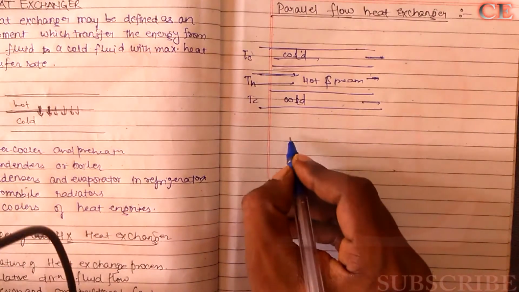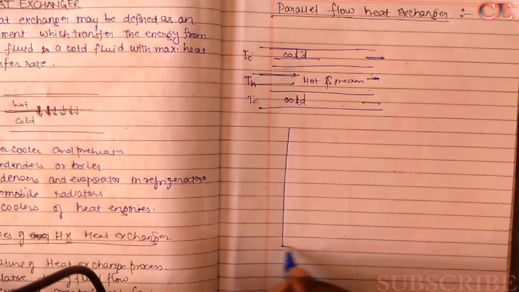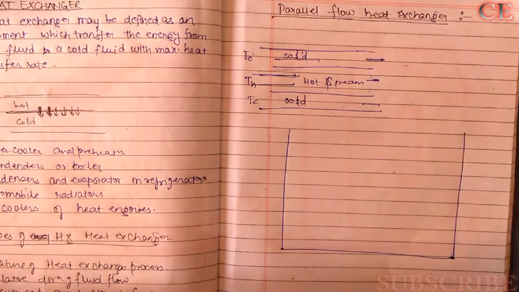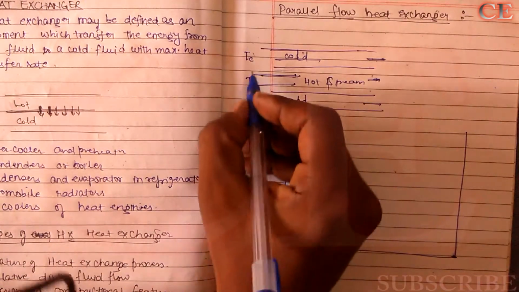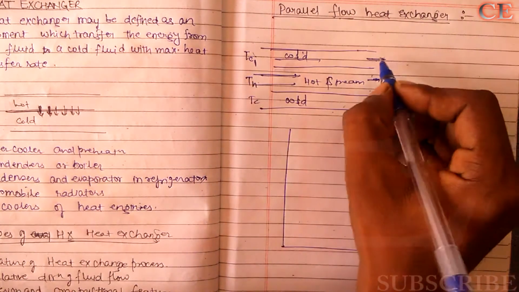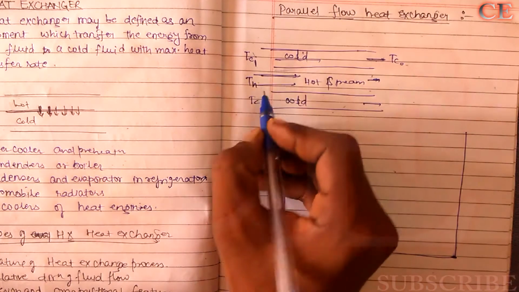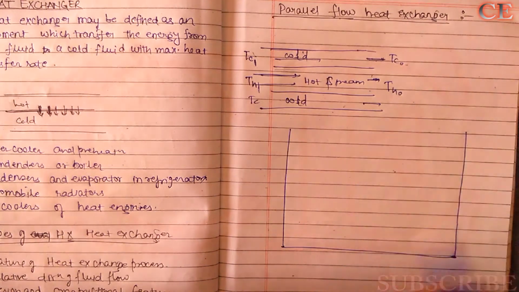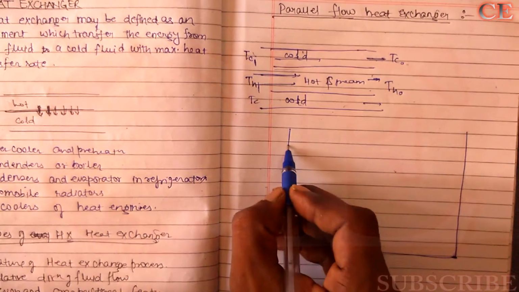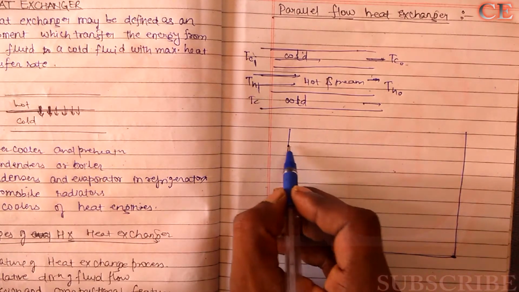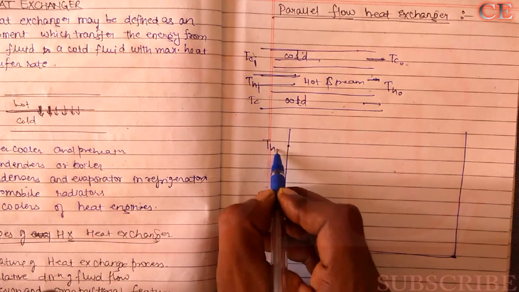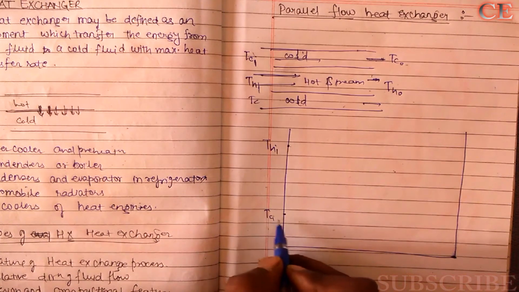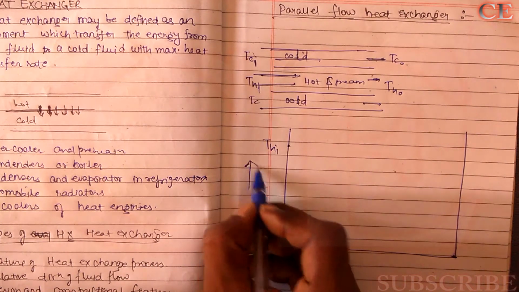We can draw a graph to understand this. So suppose this is a graph. Say the temperature of the cold fluid in is TCI and cold fluid out is TCO. Similarly, hot fluid in is THI and hot fluid out is THO. Now what happens when the temperature is higher? At the entry, TH in would be higher and TCI would be at the lower temperature. This is the temperature scale.